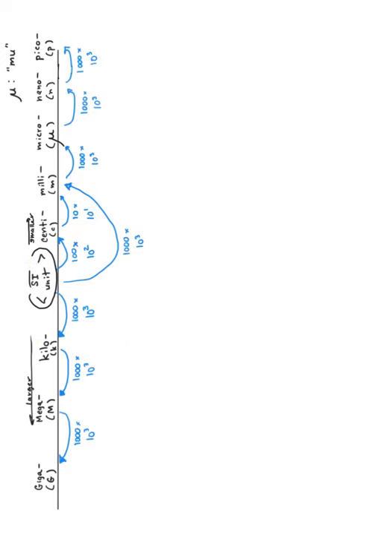Suppose I wanted to do something similar, but this time I'm going to start with 1 micrometer. So I'm going to begin from this portion of our timeline, and I want to know what an equivalent measure in meters is to 1 micrometer. In this case, to convert 1 micrometer into meters, I can count backwards from right to left along this metric prefix timeline.